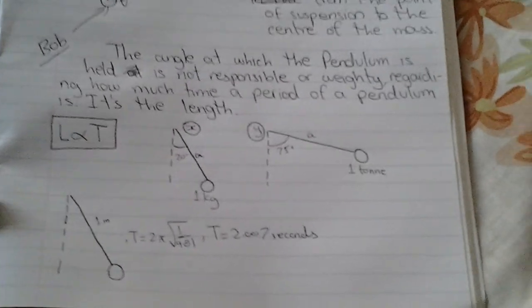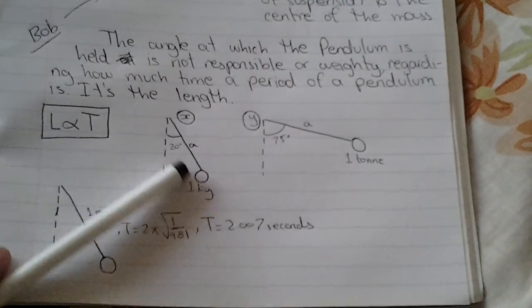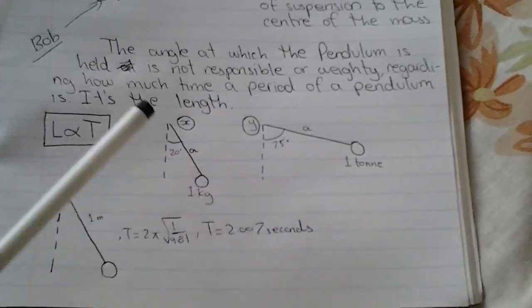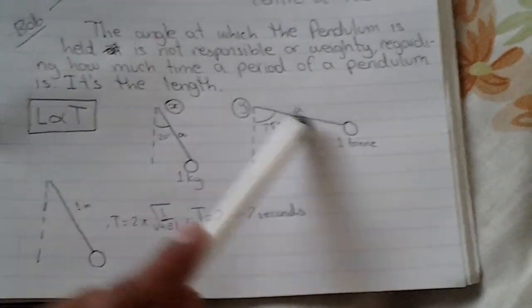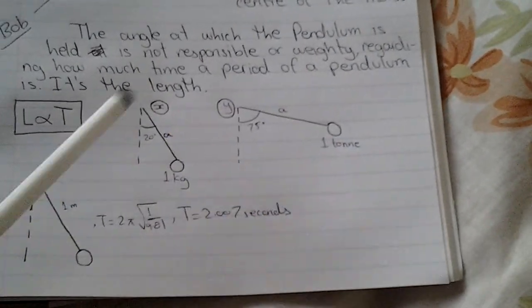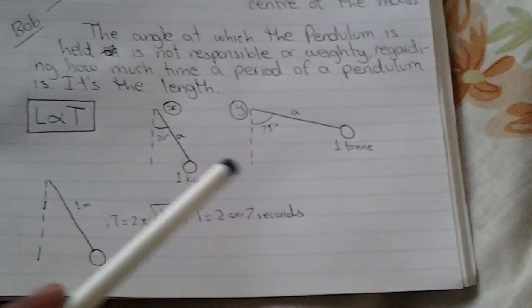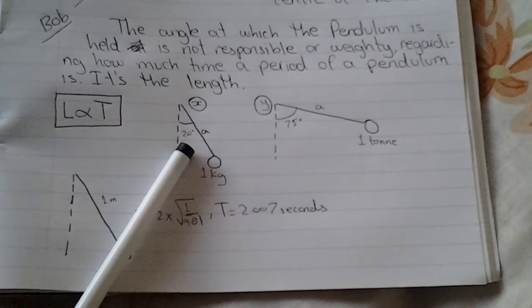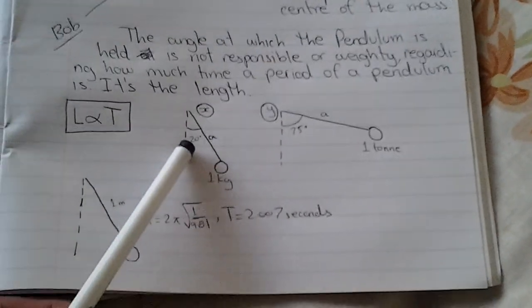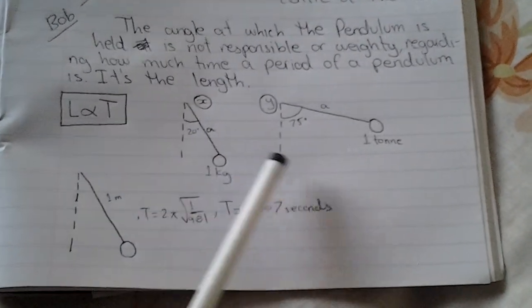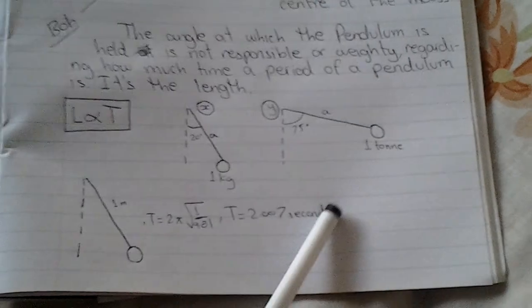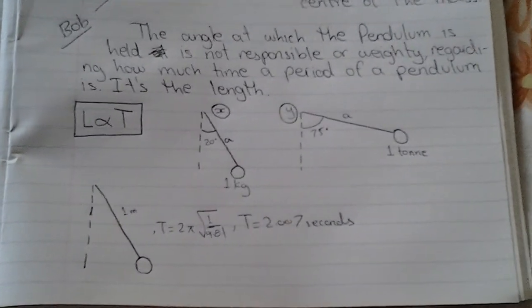So that leaves us with the length of the pendulum, length A. So long as they are both of the same length, the periodic time they give us will be absolutely identical, regardless of whether the angle they're held at or the mass of the bob is a world apart.